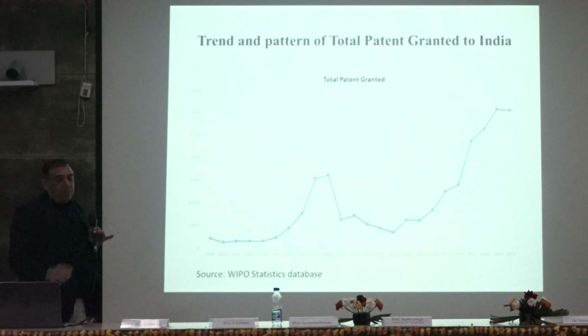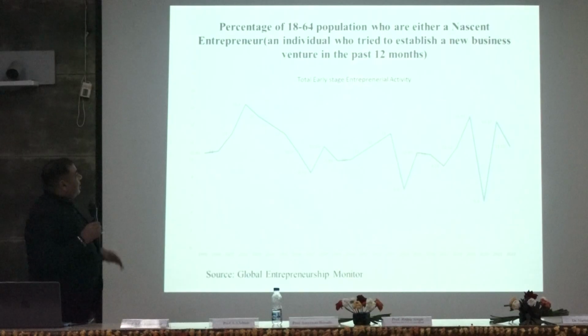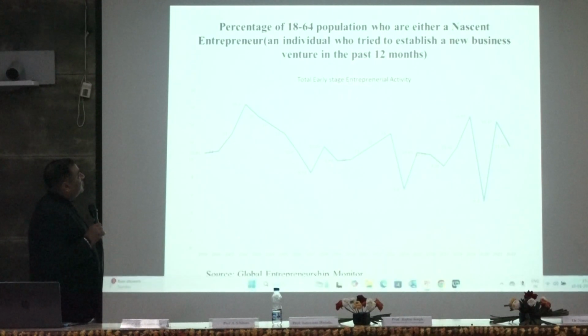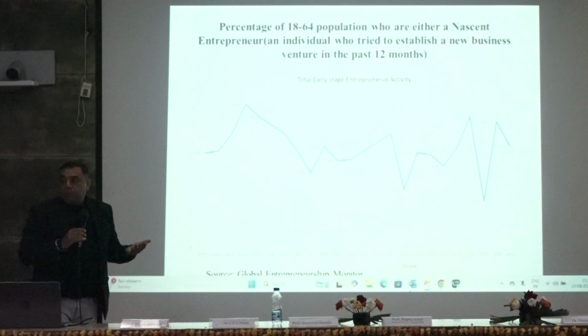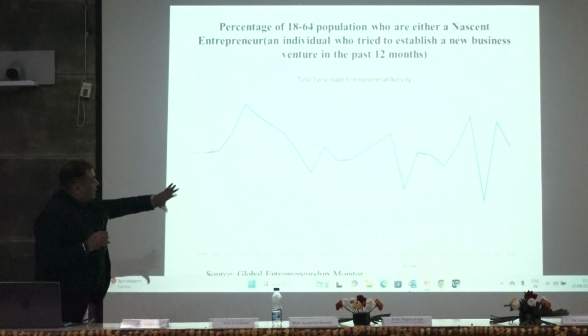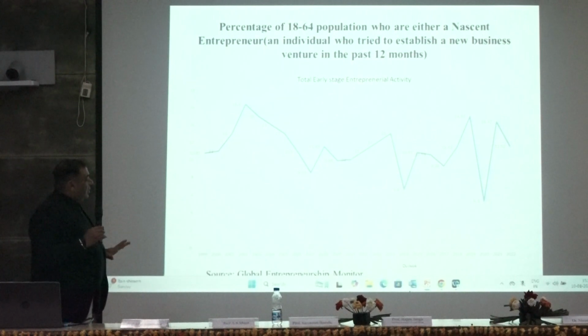I am just showing a few figures to you. This is very important data: the percentage of the 18 to 64 population who are nascent entrepreneurs, that means individuals who try to establish a new business. The figures show a zigzag motion, and the source is the Global Entrepreneurship Monitor.